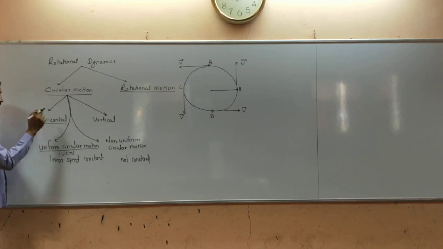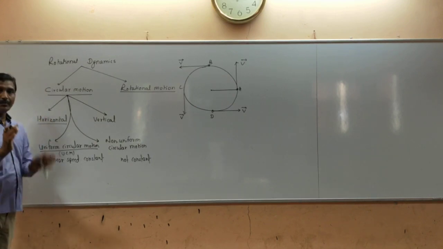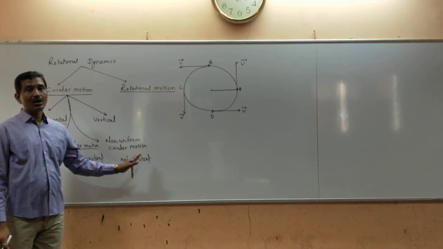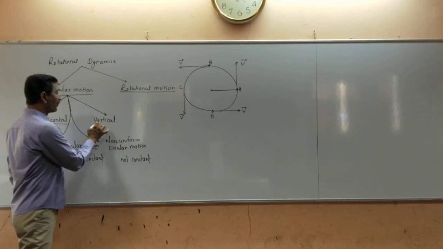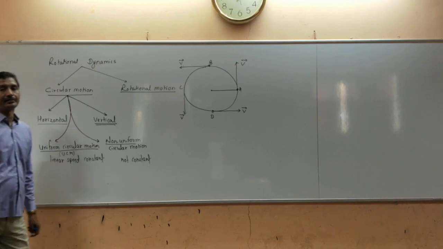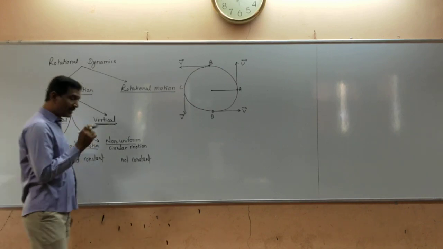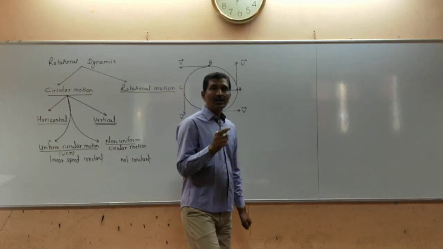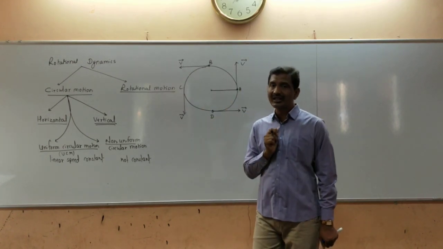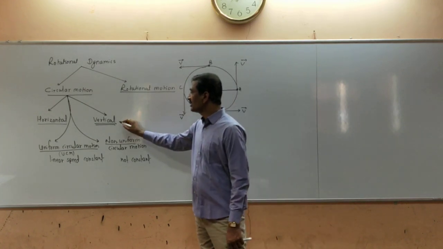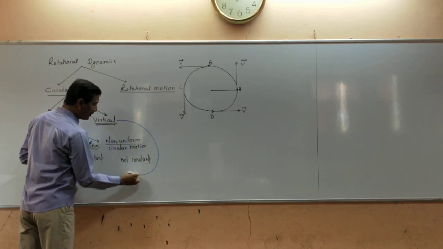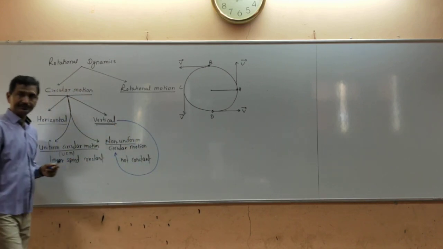Horizontal circular motion may be uniform or non-uniform, but vertical circular motion is always non-UCM, because in vertical circular motion the magnitude of the linear velocity at every point goes on changing, and that is why vertical circular motion is an example of non-uniform circular motion.